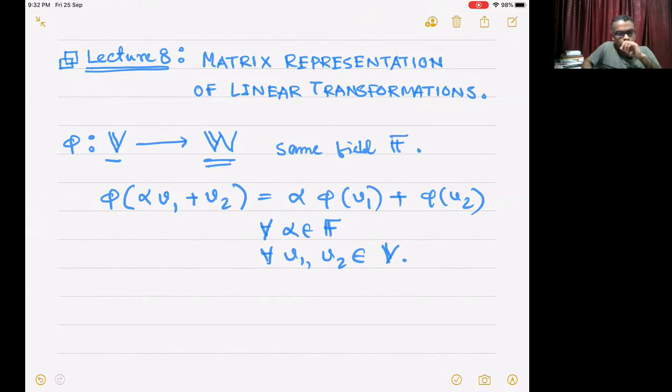Now, this lecture is dedicated to understanding the fact that if the domain V as well as the codomain W are both finite dimensional, then it is possible to represent such linear maps through a matrix. Now, why matrix?